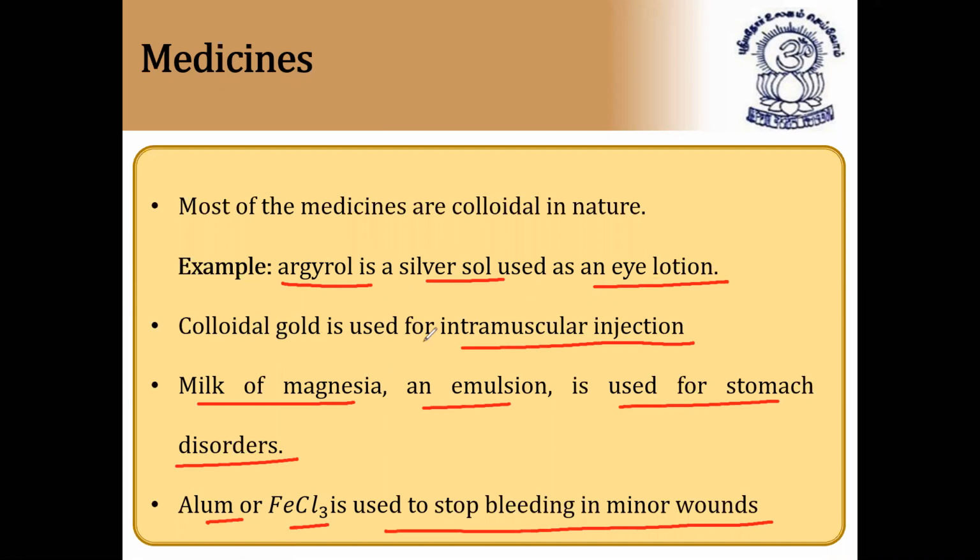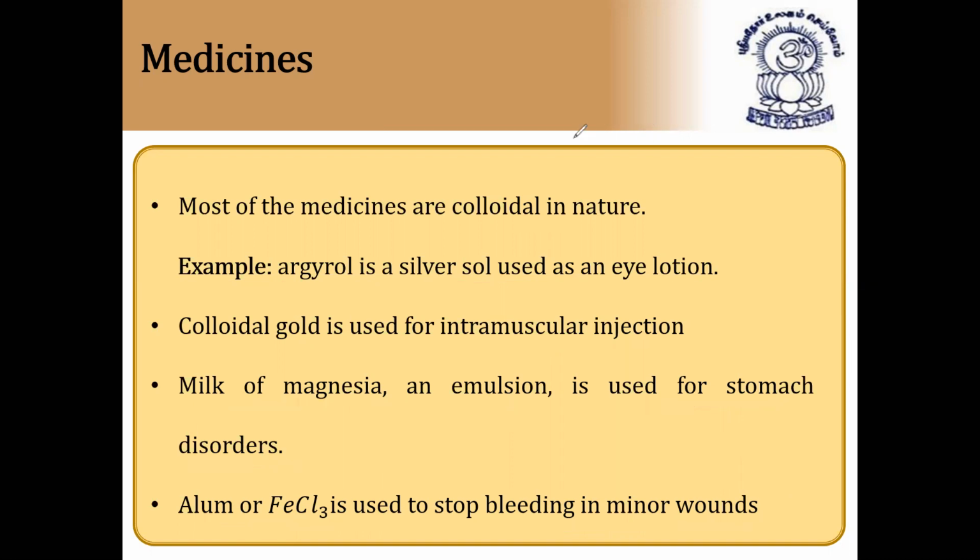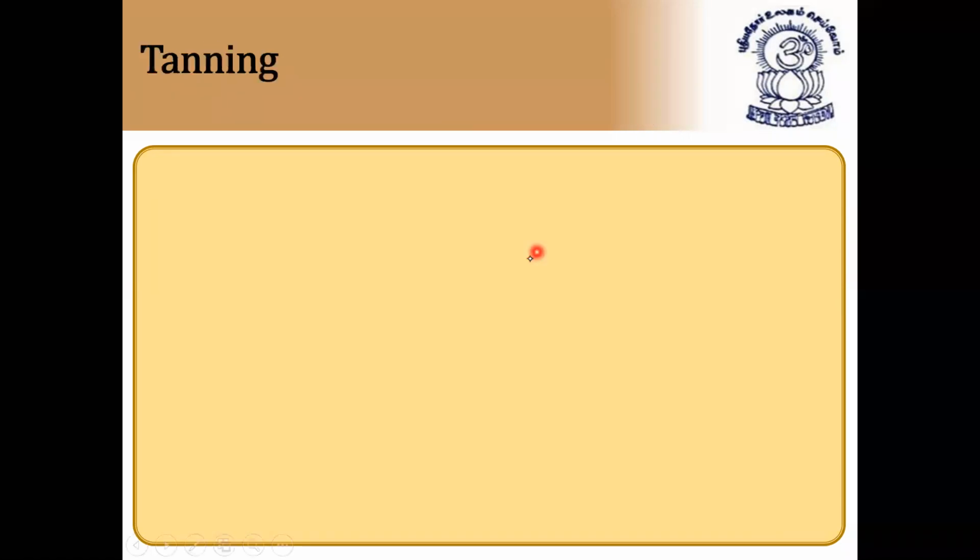Colloidal gold is used for intramuscular injection. Milk of magnesia, an emulsion, is used for stomach disorders. Alum or FeCl3 is used to stop bleeding in minor wounds. So in this way, many colloids are used as medicines.